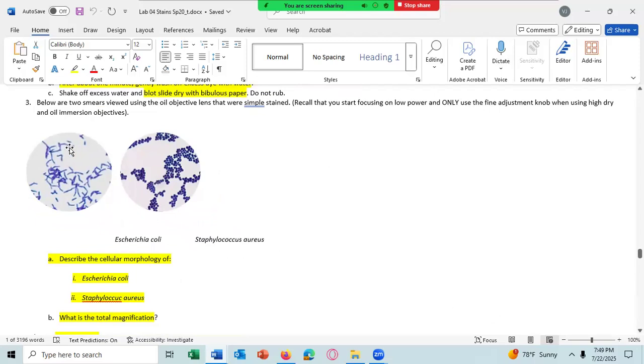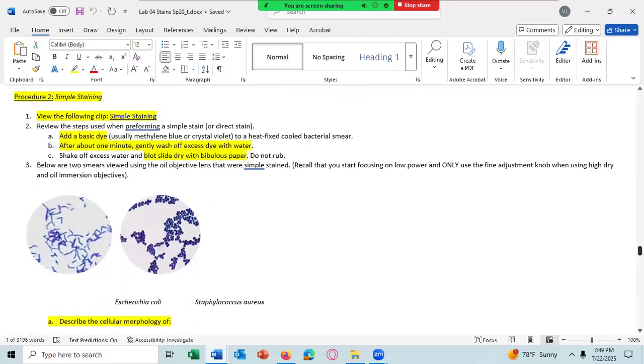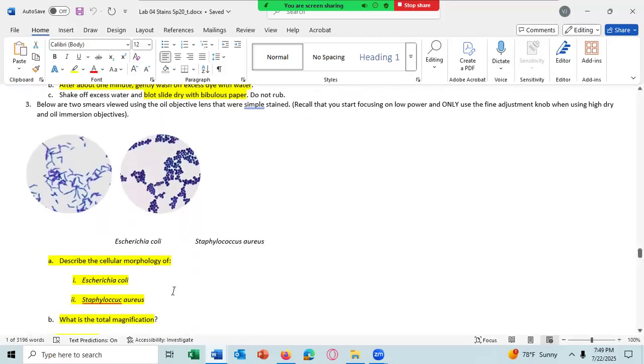E. coli is not bent like that. And here's another example, 2 cells. And then that's probably 3 cells right there, stuck together. So for procedure 2, question 3A, describe the cellular morphology, that's the shape of E. coli. And then describe the shape of Staphylococcus aureus, shown here.